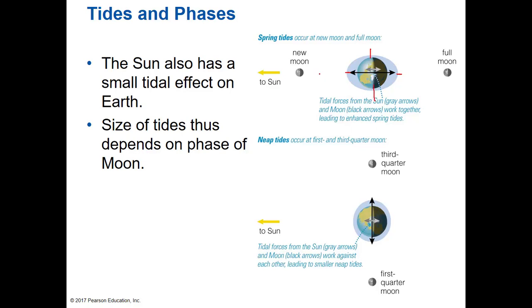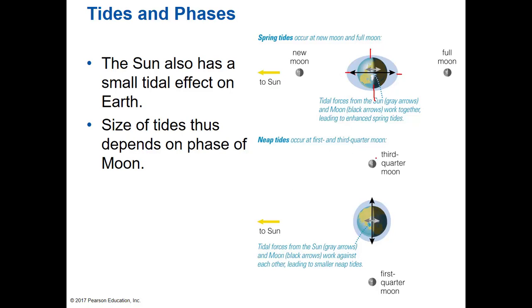Okay, the Sun also has a small effect on the Earth. If you have the Moon and Sun all lined up together, and the Sun is also attracting, in this case all are aligned in one direction, so you see the high tide effect.